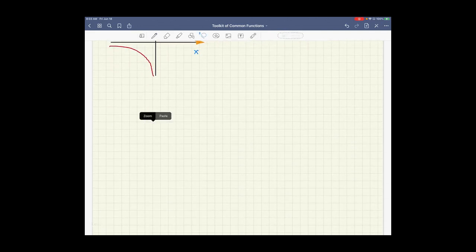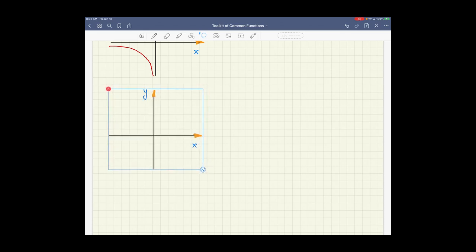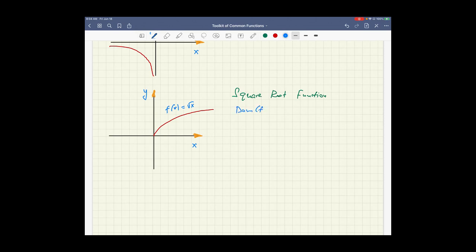Next is the square root function. The square root is naturally only defined for non-negative real numbers. And likewise, the image is also the set of non-negative real numbers.